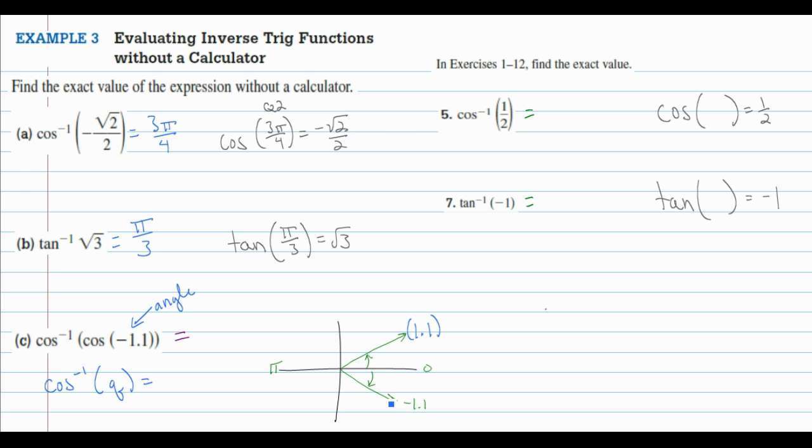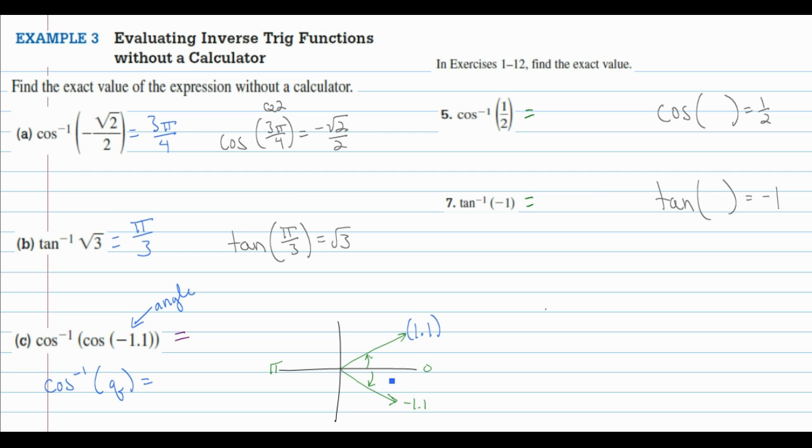The cosine of negative 1.1 and the cosine of positive 1.1 will have the same value because they're both on the right side of the y-axis, and therefore will both be a positive value with the same reference angle and therefore same proportions.